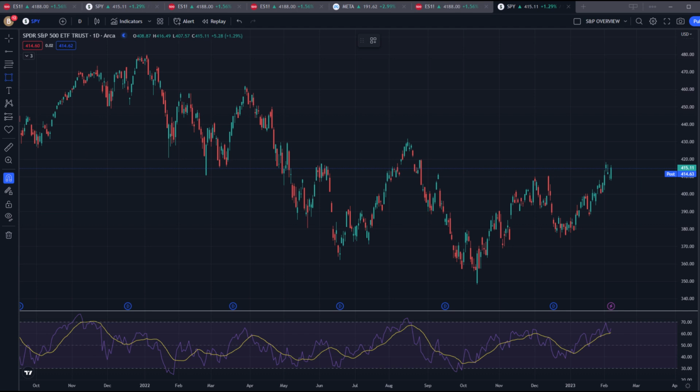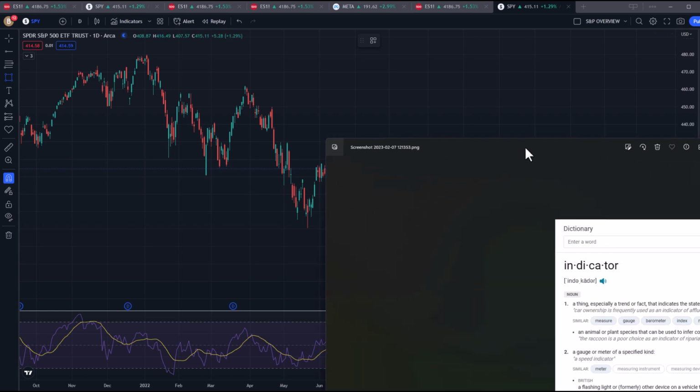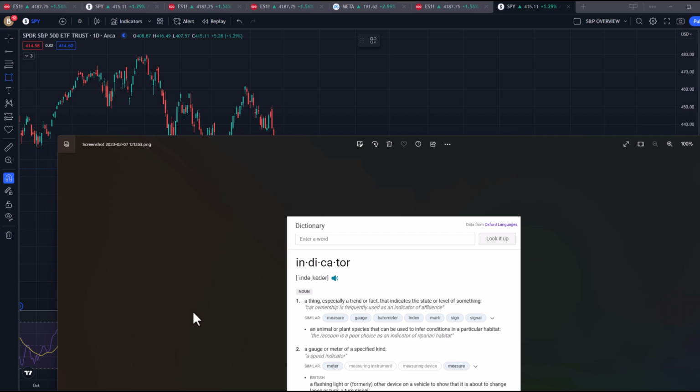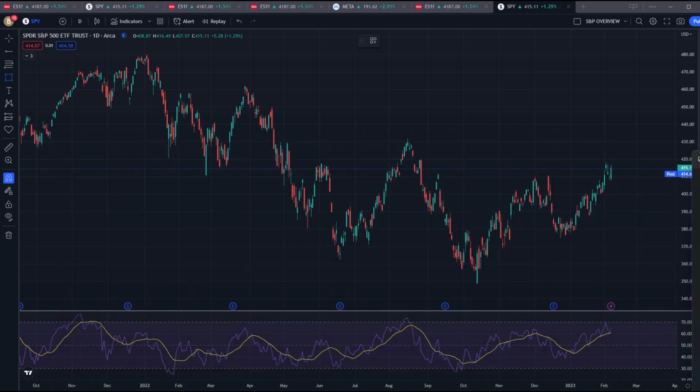To better explain why that's not a good idea, I'm going to show you what an indicator actually is. When we pull up the definition of an indicator, the dictionary states that it's a thing, especially a trend or fact, that indicates the state or level of something. So what it's saying is this RSI is telling you something about the price action here.